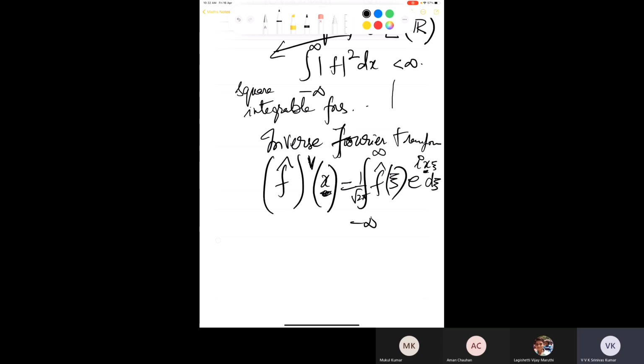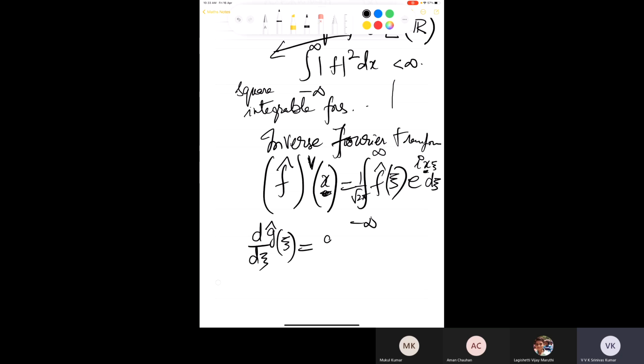heat equation. So we are given this problem. What is the derivative of a Fourier transform? d by d xi of the Fourier transform function g cap at xi. What is the derivative?